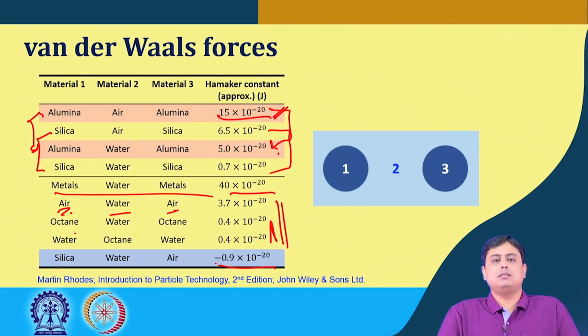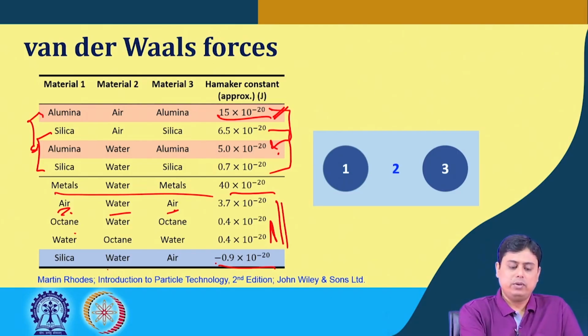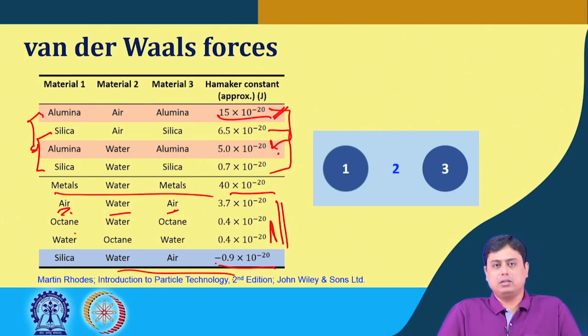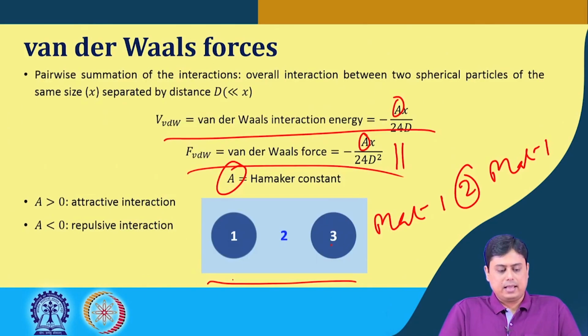In that case, the separation becomes difficult. Then we have the negative Hamaker constant, and as we mentioned here, that means there is a repulsive interaction.